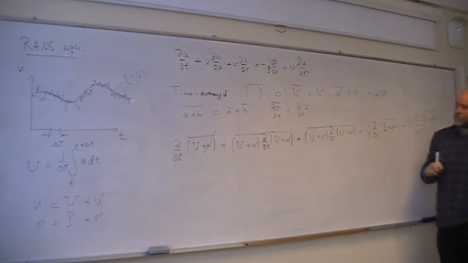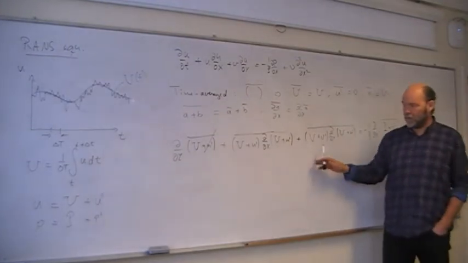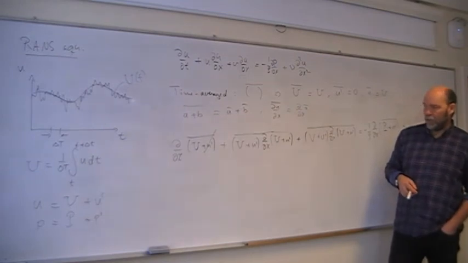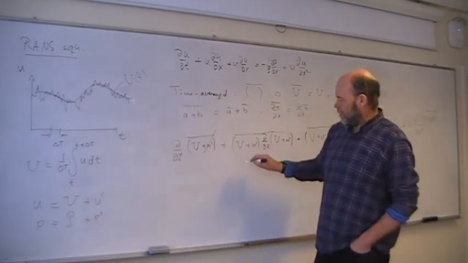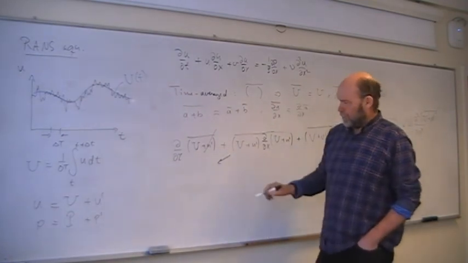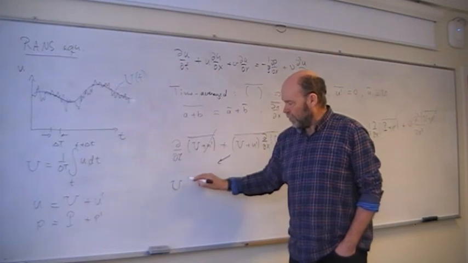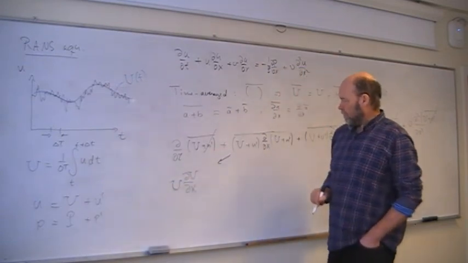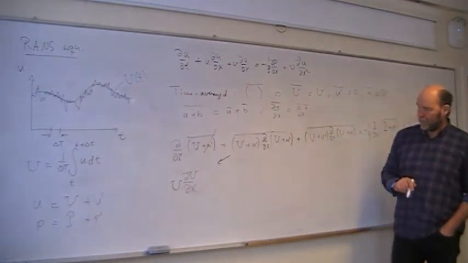The problem is these convective terms. They are nonlinear. There something fishy is going to happen. So if you rewrite them, take this term, you will have the large U, large U dU/dx. You will get a contribution, yes.